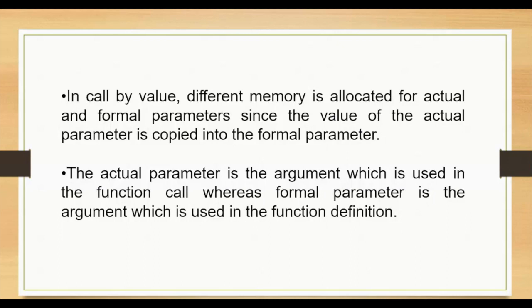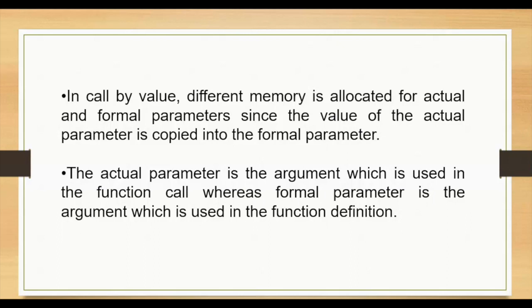The actual parameter is the argument which is used in the function call, whereas the formal parameter is the argument which is used in the function definition to accept the value from the calling.